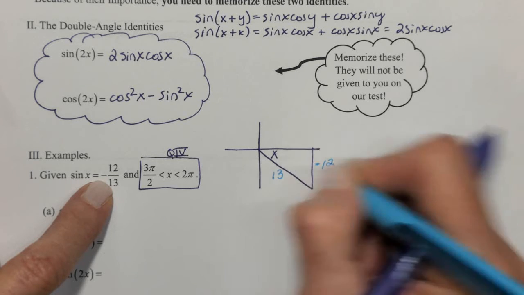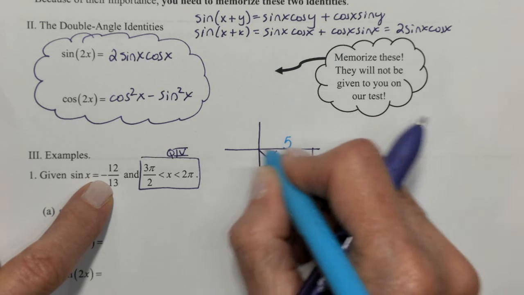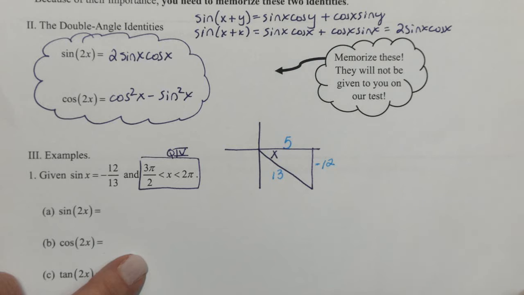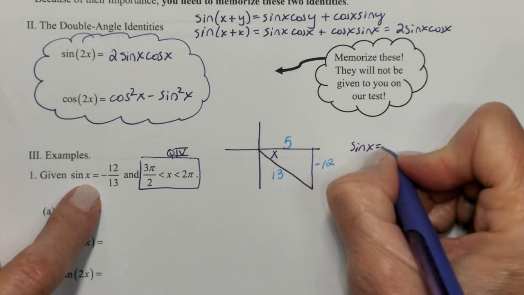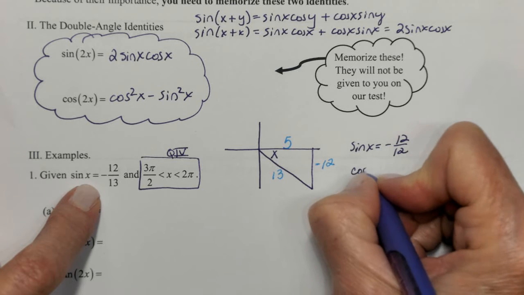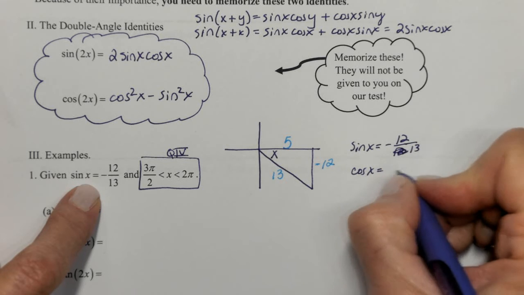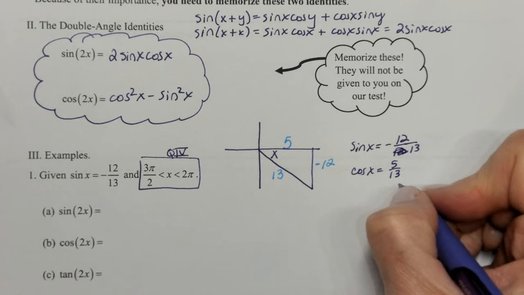The hypotenuse is 13. I know the adjacent side has to be a positive 5, positive because we're on the positive x-axis. And therefore, sine of x, that was given to us, is negative 12 over 13. Cosine of x is positive 5 over 13. Okay?